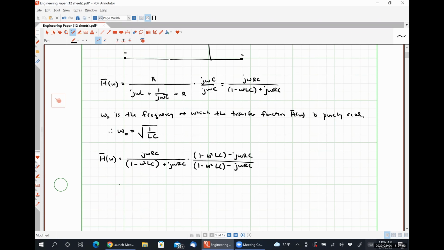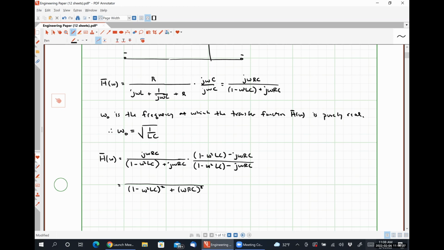And if we perform that multiplication, in our denominator, we're going to have a factor of 1 minus omega squared LC quantity squared, plus omega RC quantity squared, where the cross multiplied terms cancel each other out, and the fact that we have a negative j times a positive j is giving us the 1 that's in front of the omega RC quantity squared.